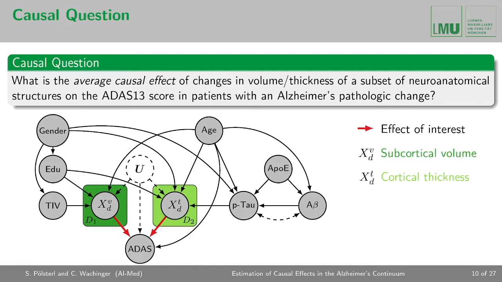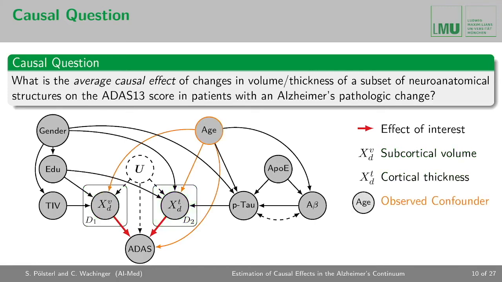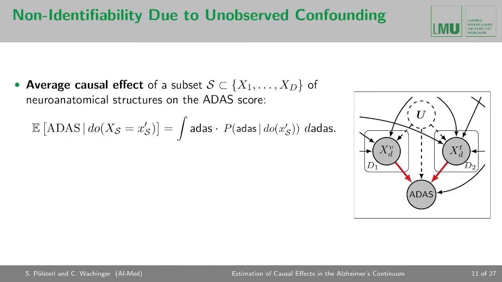Cortical thickness measurements are represented by D2 nodes in the graph, highlighted in light green. Age is a known and observed confounder because it causes both the neuroanatomical measures and the ADAS score. From previous work, we know that there are additional confounders beside age, which we all capture by introducing the unobserved confounder U, highlighted in blue.